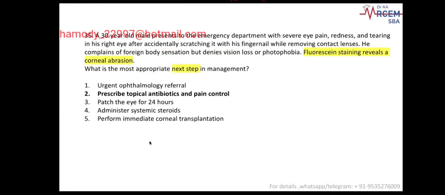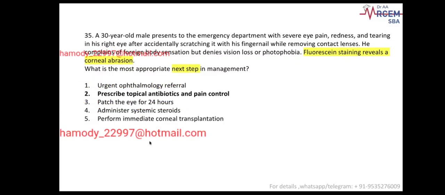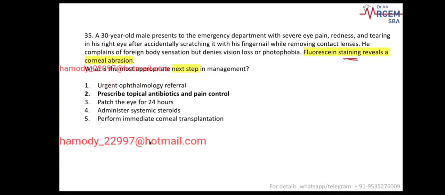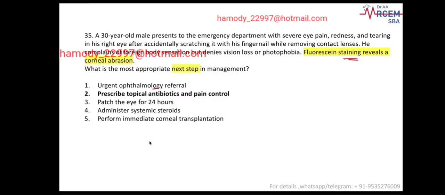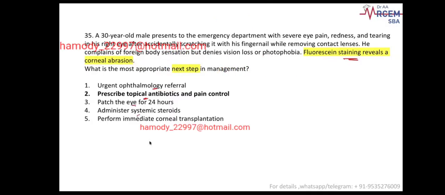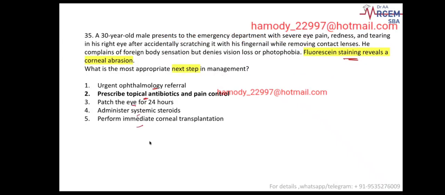Fluorescein stain reveals a corneal abrasion. Next step is prescribe topical antibiotics and pain control. So what we need to do on an urgent basis, they are asking for a corneal abrasion here.